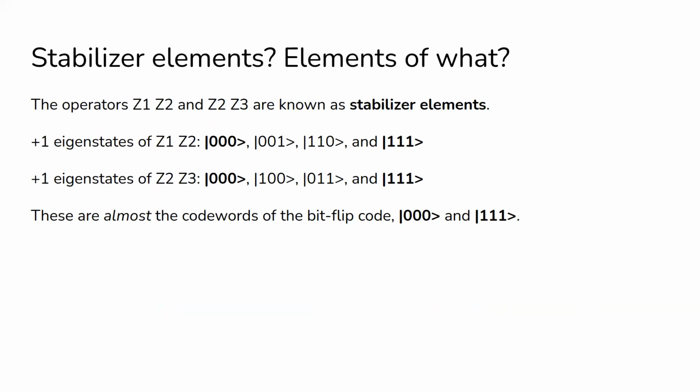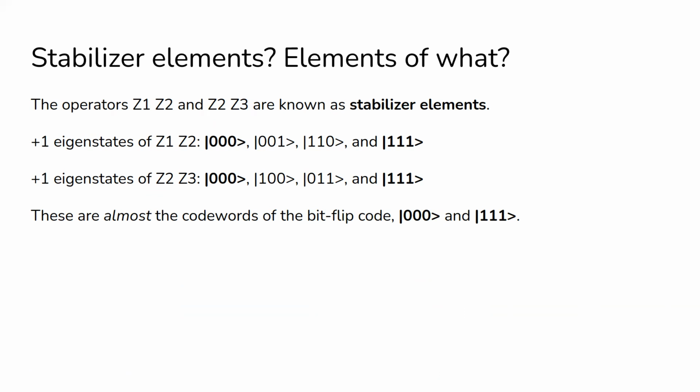So I'm calling these stabilizer elements, and what does elements mean? Elements of what? Well, let's look at these two stabilizer elements that I called out, Z1, Z2, and Z2, Z3. If you write down the +1 eigenstates for each, then there will be 4 of them, splitting the Hilbert space in half.